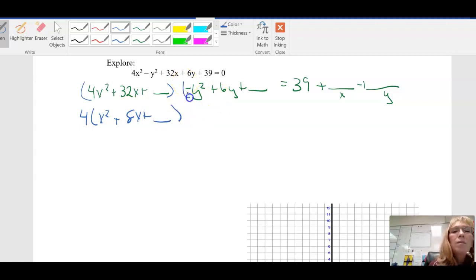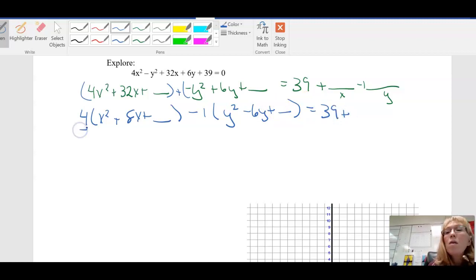Now for this, we're going to factor out a negative 1. That gives me y squared minus 6y plus blank. Now that's going to give me a 39, plus I have to put the 4 in front of the x, and then I have to put the minus 1 in front of the y.